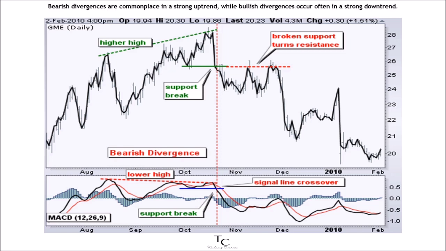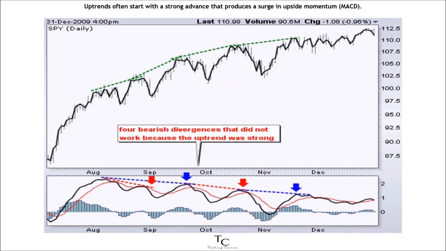Bearish divergences are commonplace in a strong uptrend, while bullish divergences occur often in a strong downtrend. Uptrends often start with a strong advance that produces a surge in upside momentum, or MACD.